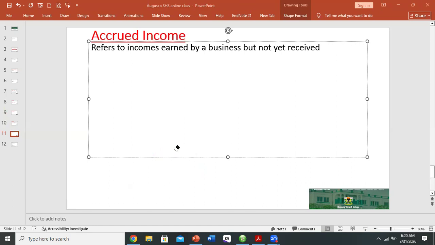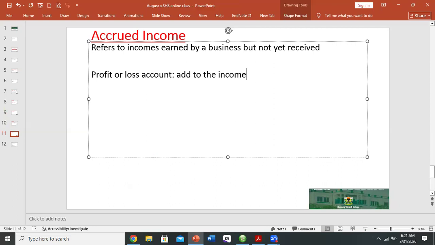So you can appreciate that this is money we are supposed to receive, but we haven't received. So in terms of accounting treatment, in the profit or loss account, we will add to the income.